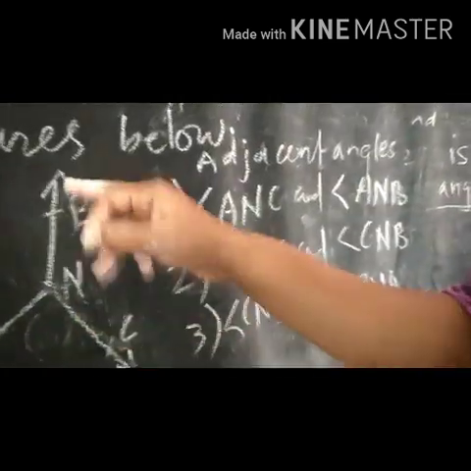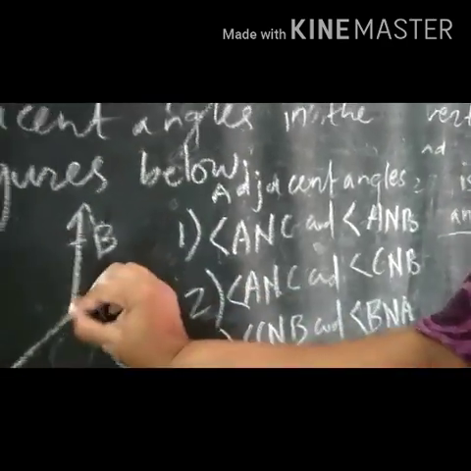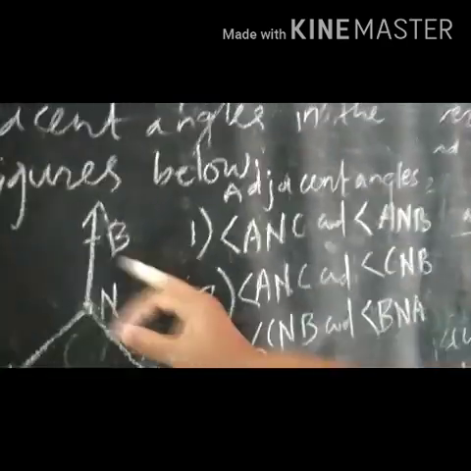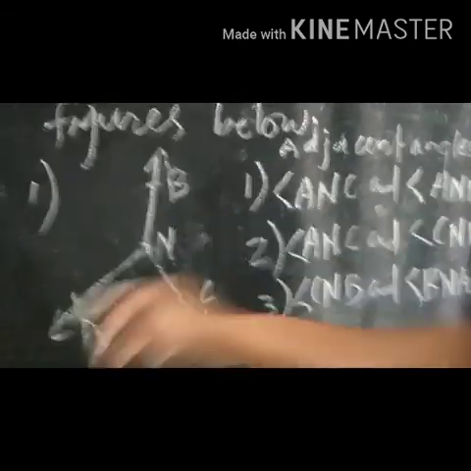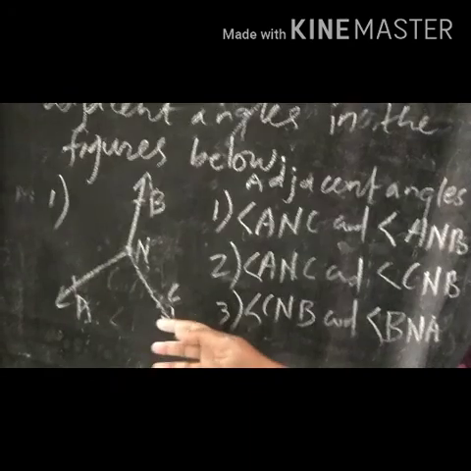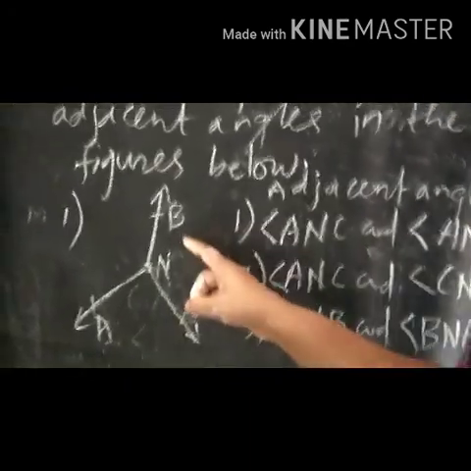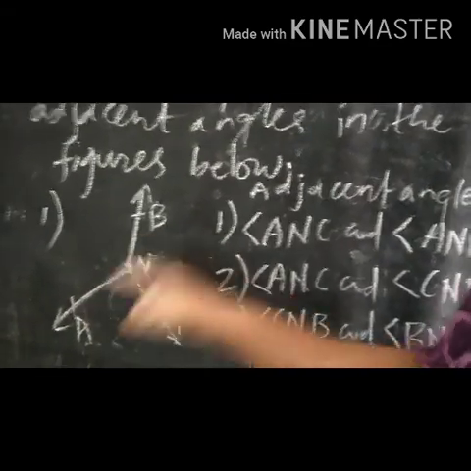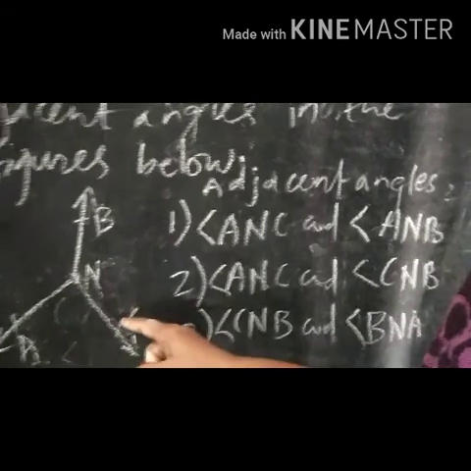So angle CNB and BNA, both the angles are having common arm BN and common vertex N, and both are having separate interiors, and therefore angle CNB and BNA both are adjacent angles.